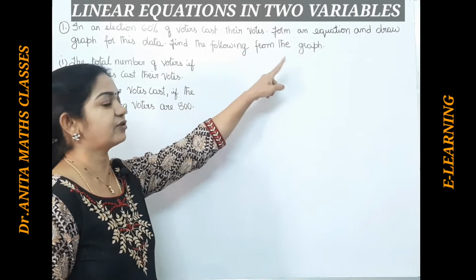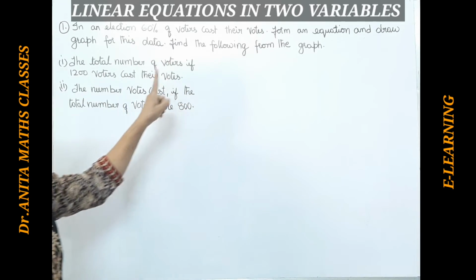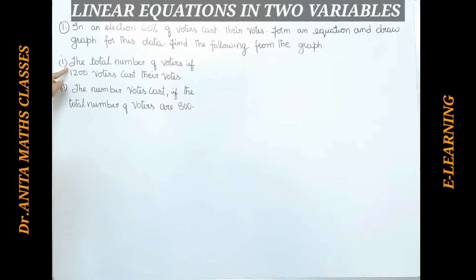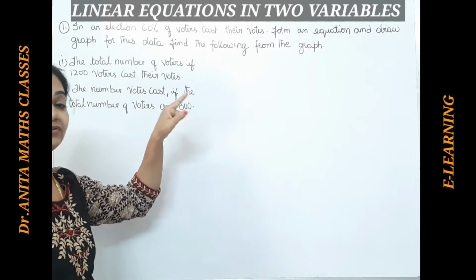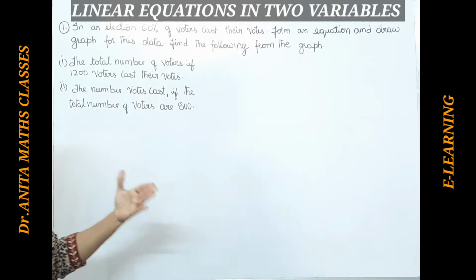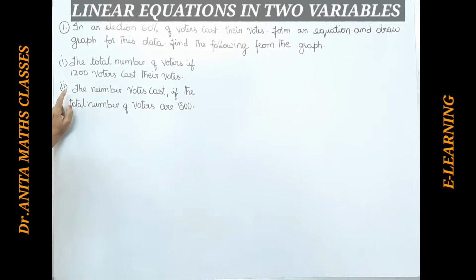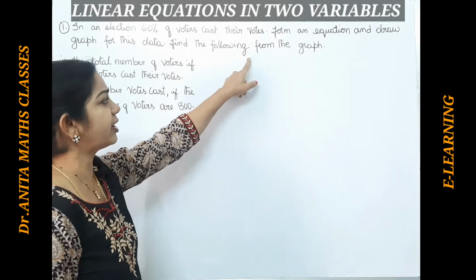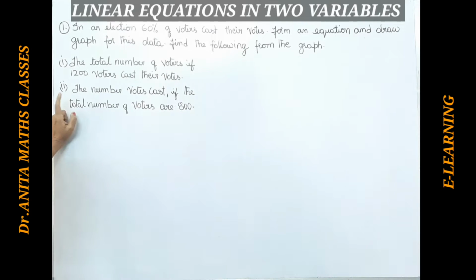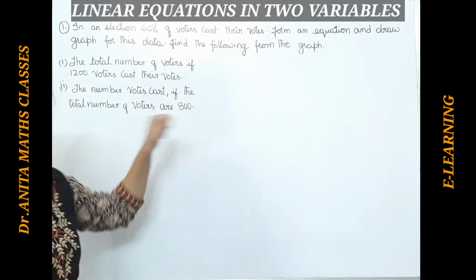Find the following from the graph. We have to find the total number of voters if 1200 voters cast their votes, and we also have to find from the graph the number of votes cast if the total number of voters is 800.